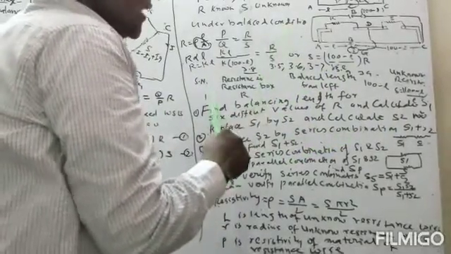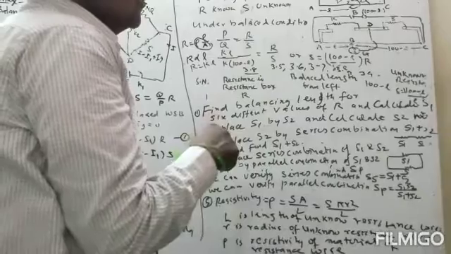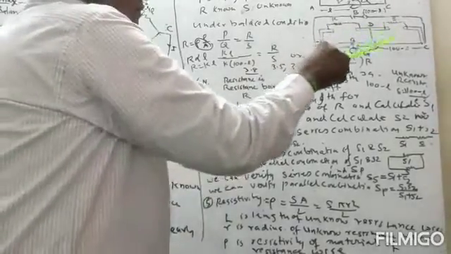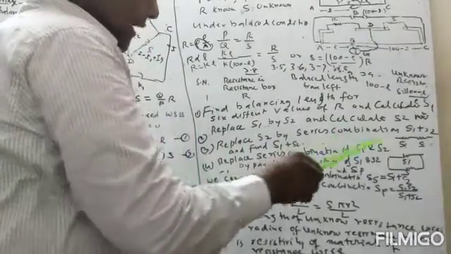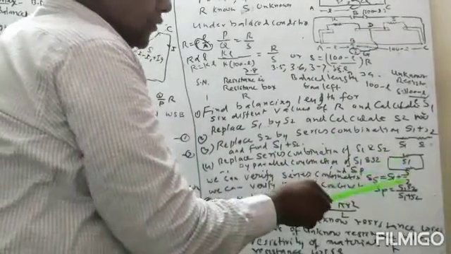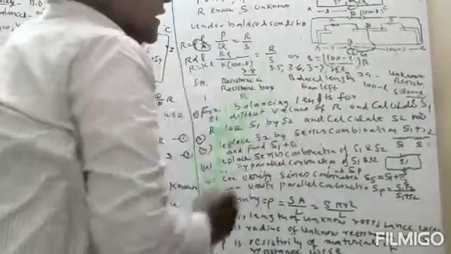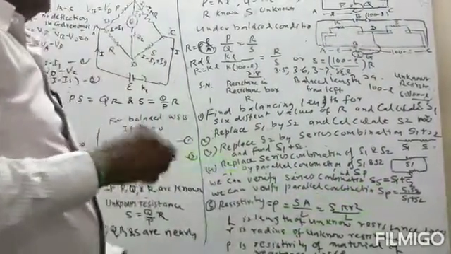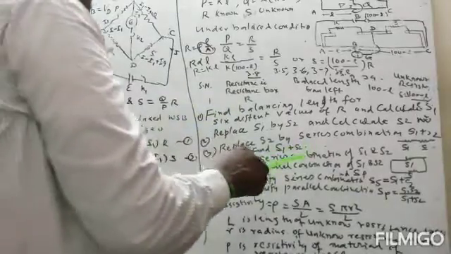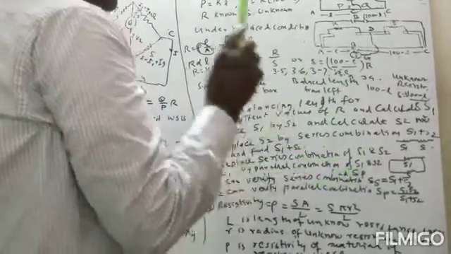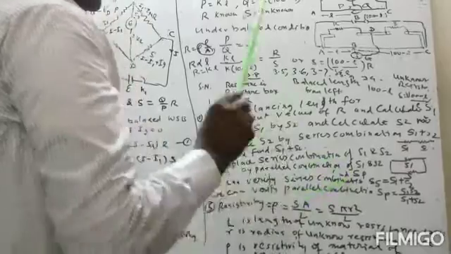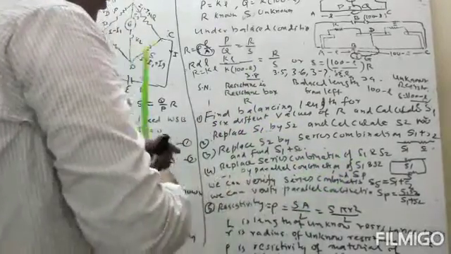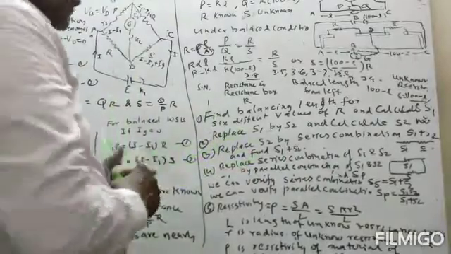And in the third case, when we are proving the parallel combination, we put S1 and S2 parallel to each other in the gap and find the value. So we find S1, S2, and S1 plus S2, which will be equal to SS.